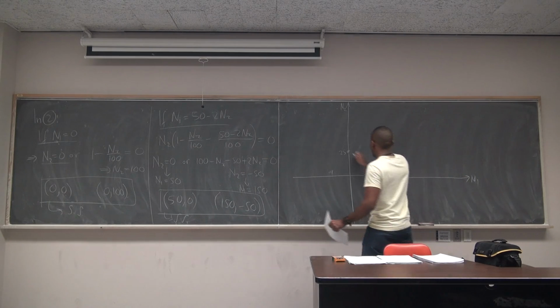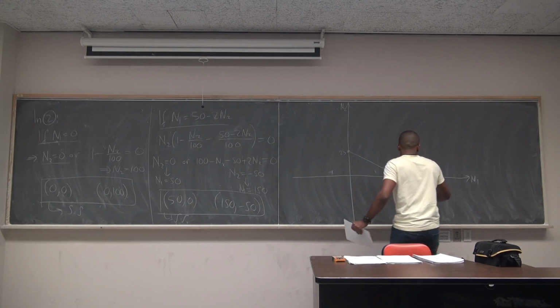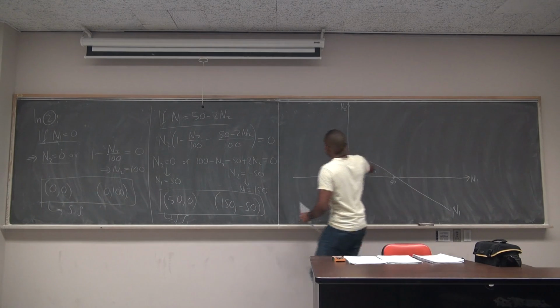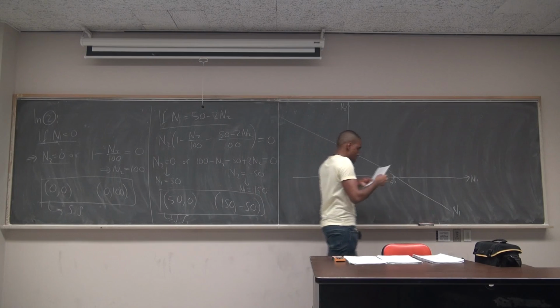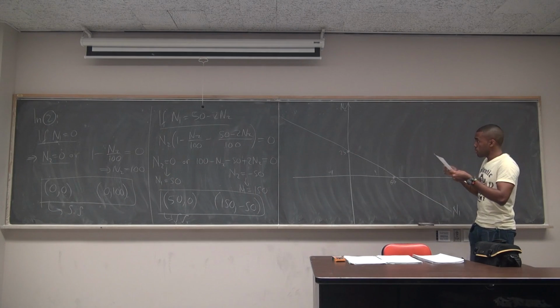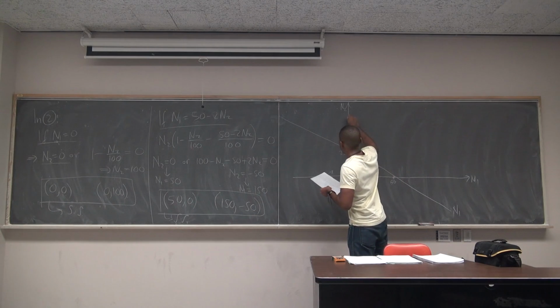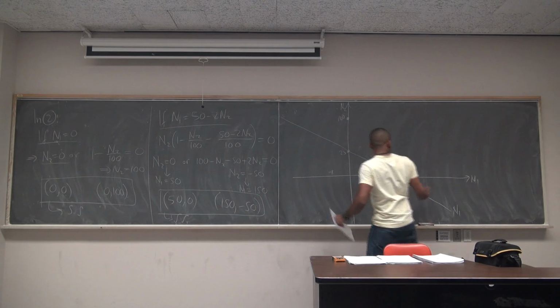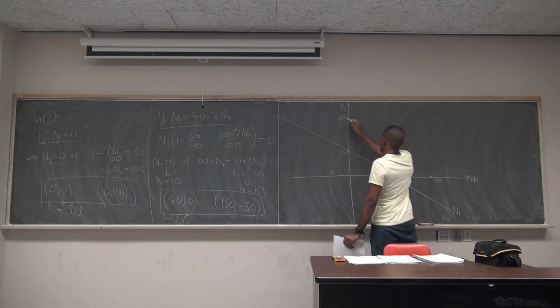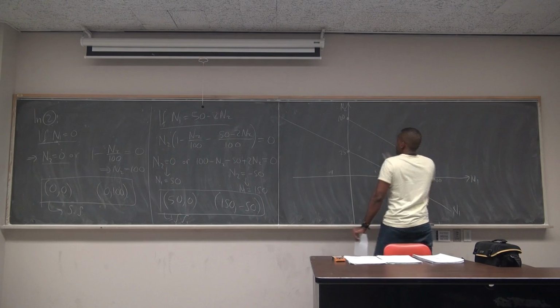So this is the N1 null line. And then in the second equation, we have 0, 100 on the axis. This is 100, and 100. And this will go like that.